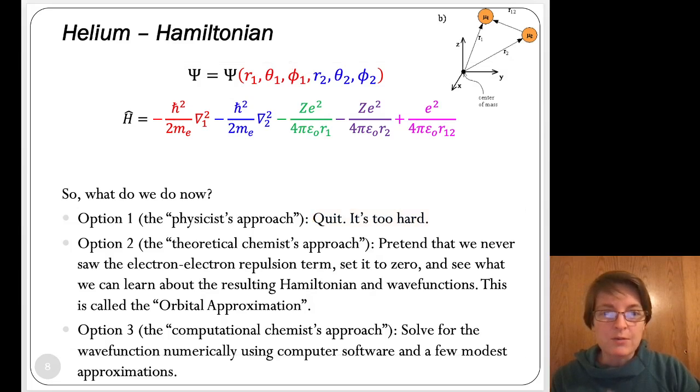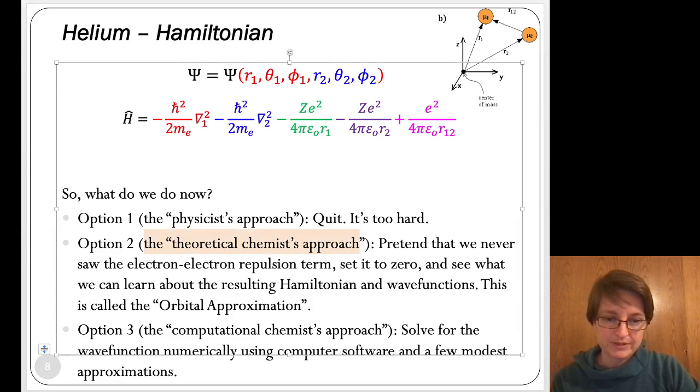Option two, and what is going to be the focus of today's lecture, is what I would call the theoretical chemist approach. We are going to try and take this problem and get rid of all the terms that are causing us heartache. In particular, it's this pink term for today. So we are going to make what is a distressingly bad approximation called an orbital approximation, saying let's pretend that the electrons don't actually repel each other.